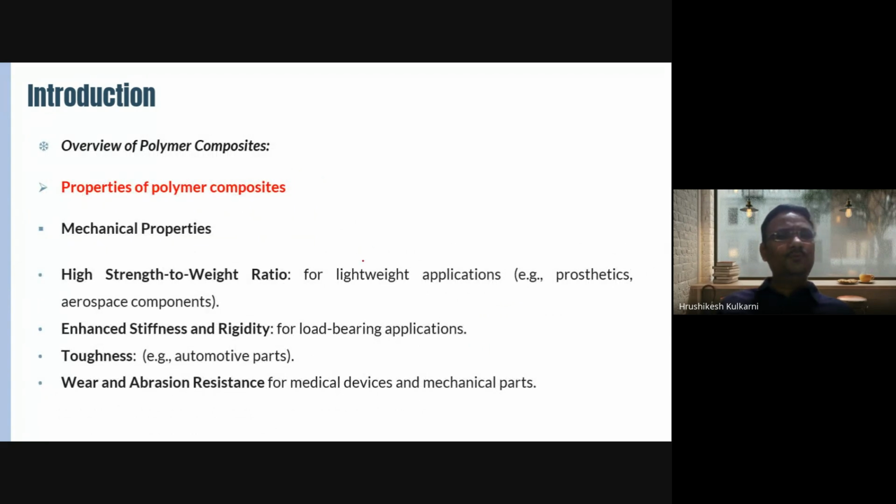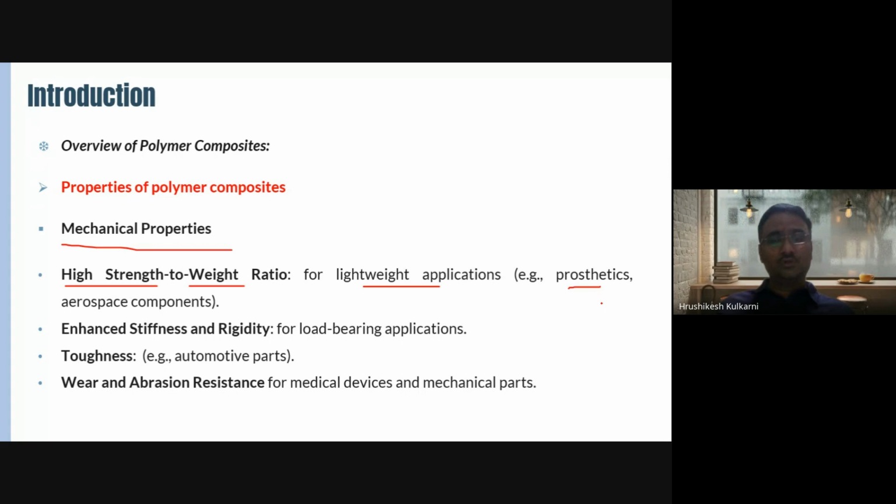Then, what properties of polymer composites should we focus on while considering them for biological applications or the biomedical field? The first important property is high strength-to-weight ratio, because we need high strength in the final composite, but the weight should be less. This is called lightweight application.